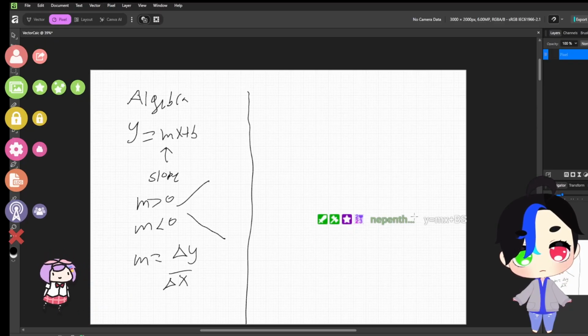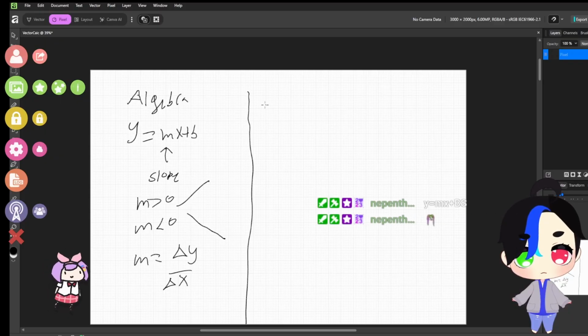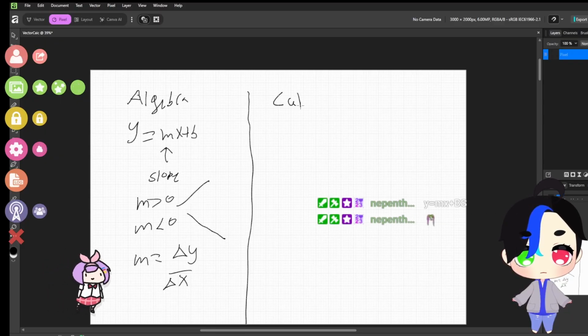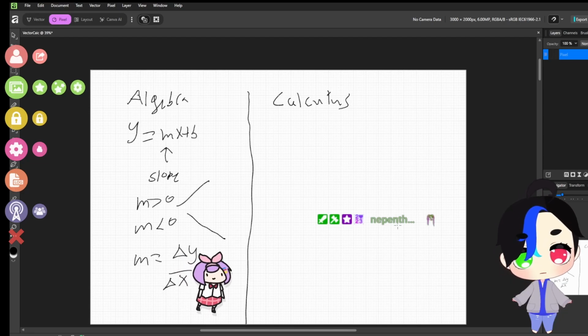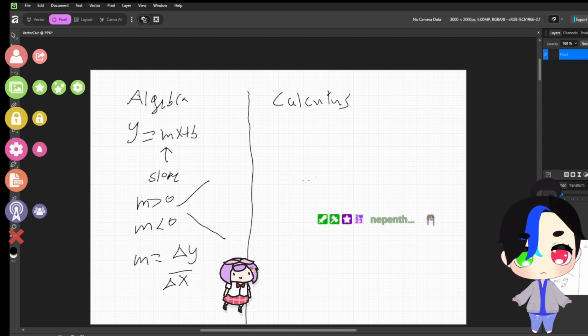So, why am I talking about algebra when I said we were doing calculus? Because calculus has two important components. The first is a derivative.